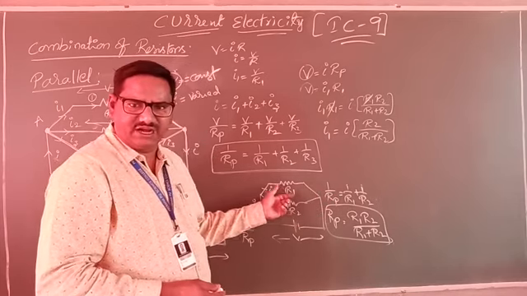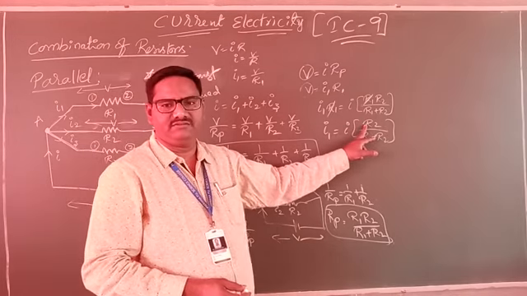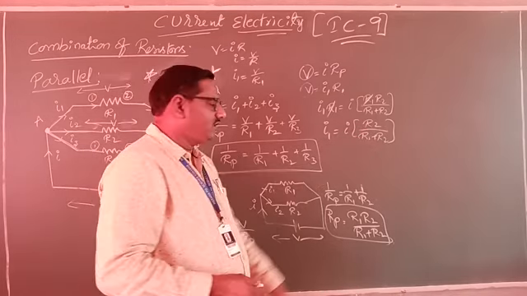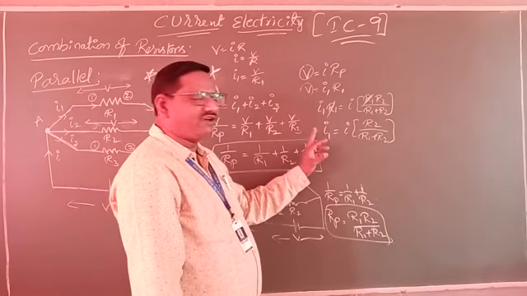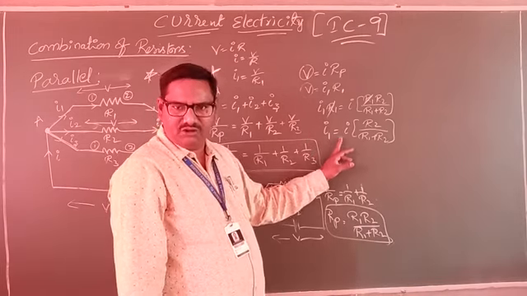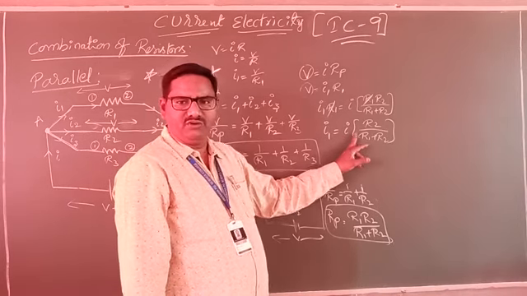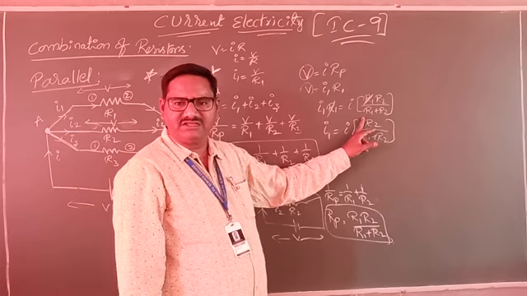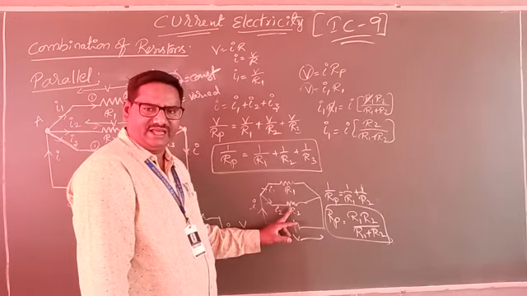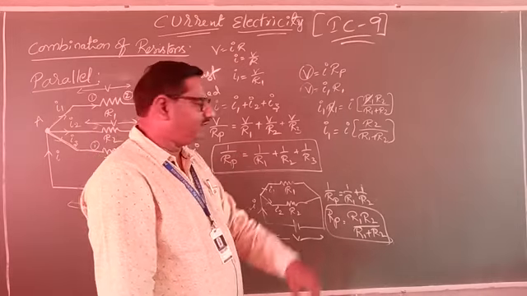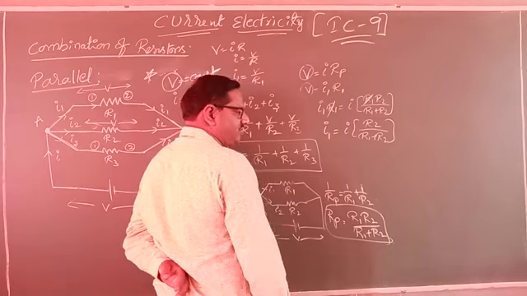The opposite resistance you have to take here. Now I want the first branch current. The first branch current equals the total current I into R2, the resistance in the opposite branch, by the total resistance R1 plus R2. Try to remember this shortcut.